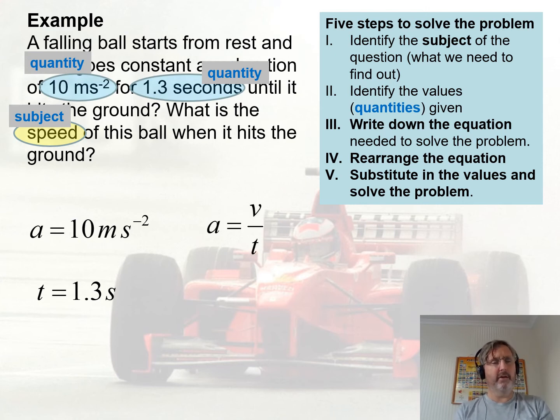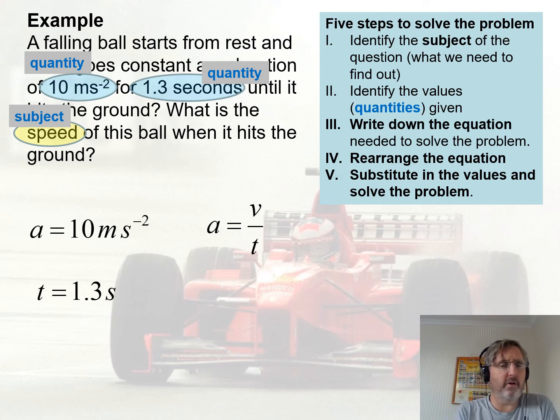So here's our equation. A equals V over T. Acceleration equals velocity over time. Remember, it's change in velocity over change in time. What I want, however, is to work out velocity. So I need to move the time across the equal sign. At the moment the time is dividing into the velocity.